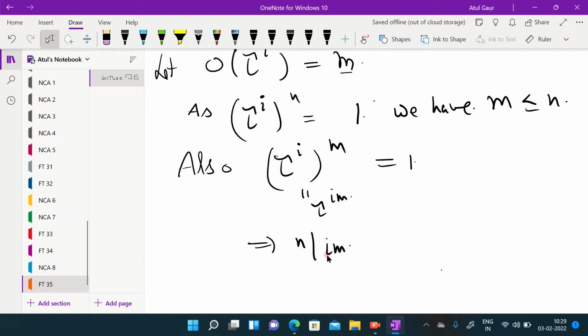And because it is relatively prime to i, it has to divide m. That is, n is less than or equal to m. So you have the equality.